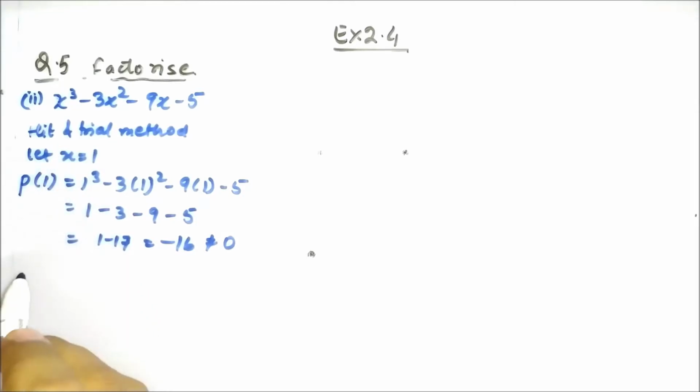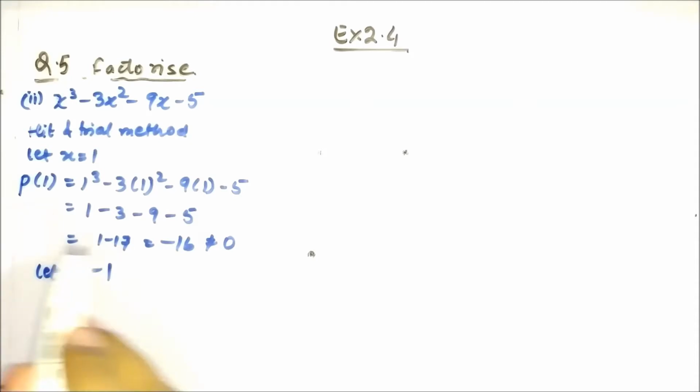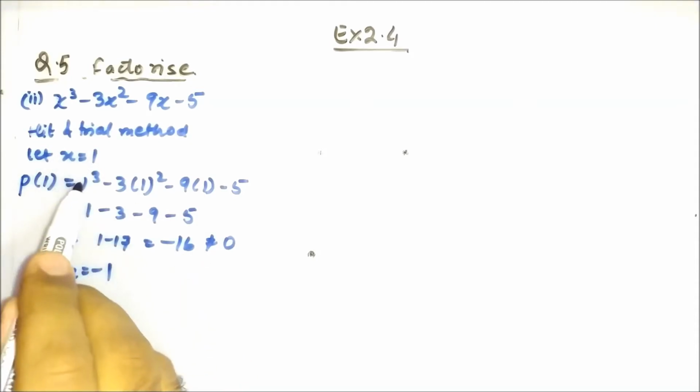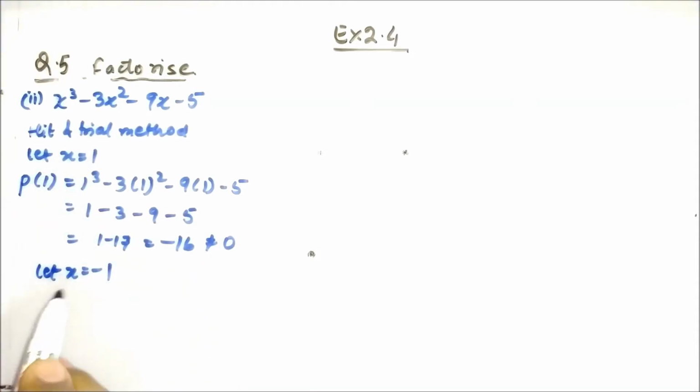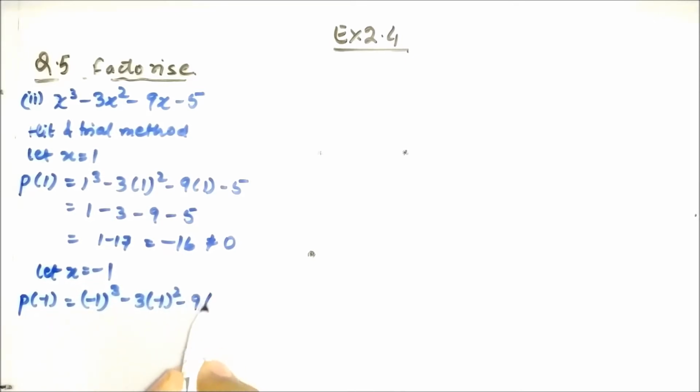So what we'll do, we'll assume let x equal to -1, since we didn't get 0 for the previous value. If you take x is equal to -1, then p of -1 will be equal to -1 cube minus 3 into -1 square minus 9 into -1 minus 5. We just replace the value of x by -1.